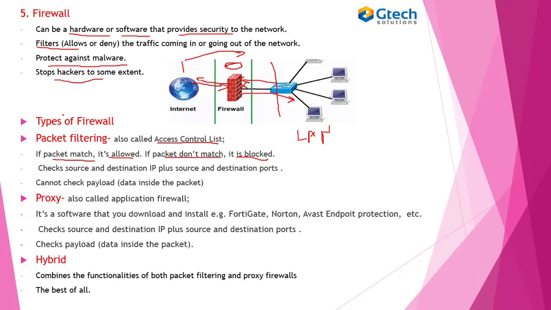The packet filtering firewall checks the source IP address and the destination IP address, plus the source port and the destination port. Whenever these IP addresses or port numbers don't match the rules that are applied in the firewall, the packet will be dropped or blocked. But whenever they match the rules, the packet is accepted.